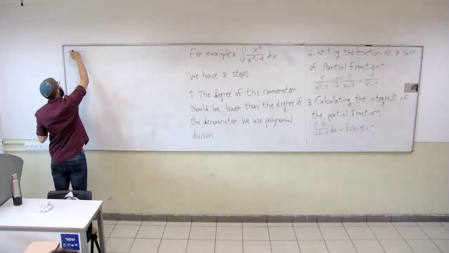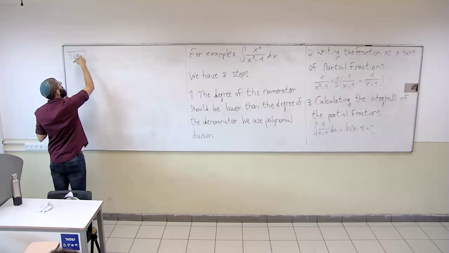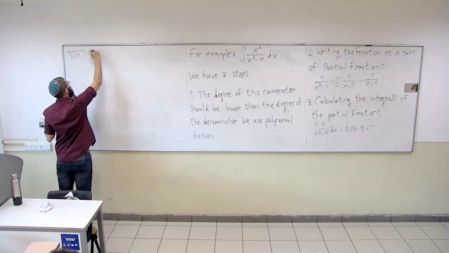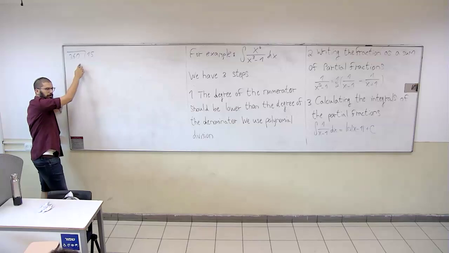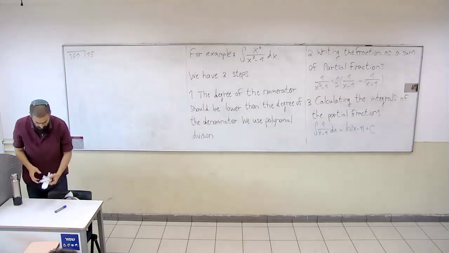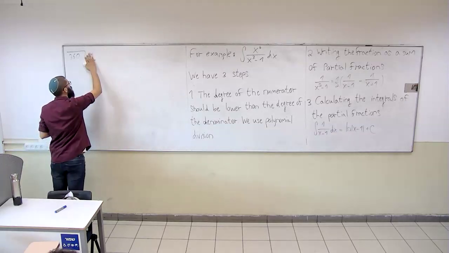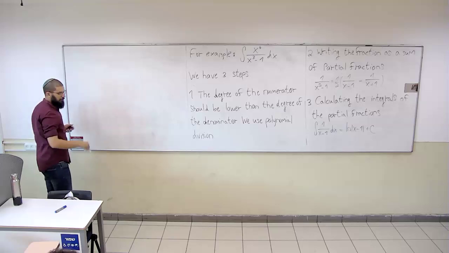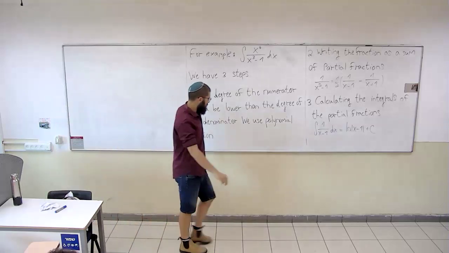Let's say you want to divide 360 by 15. Remember such things? So now I'm going to explain from the beginning, when it comes to polynomials, but the concept is the same.